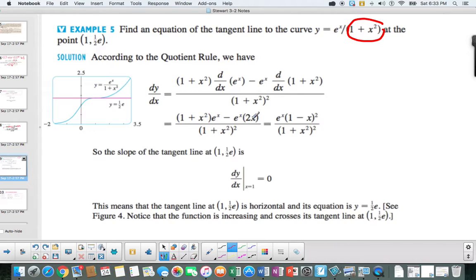And we're going to find those derivatives, and we're going to simplify the expression. We're going to insert 1 in here, which means that this quantity is going to be 0, but the quantity down here is not 0, which makes this whole derivative 0. So we know it's a horizontal line. Horizontal lines are always y equals, and so it'll be y equals this number.